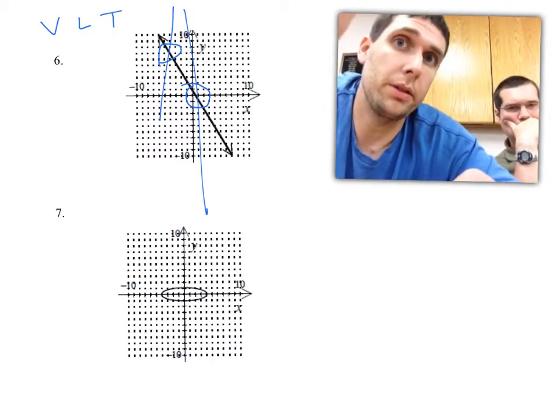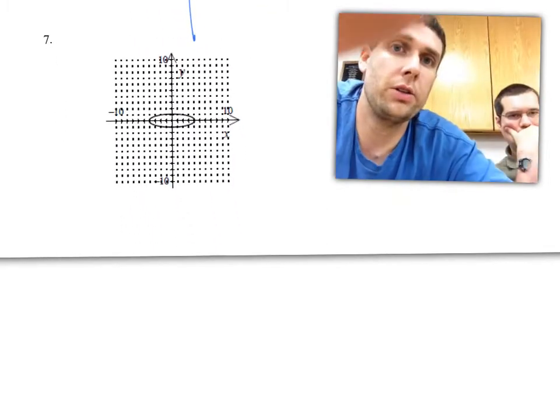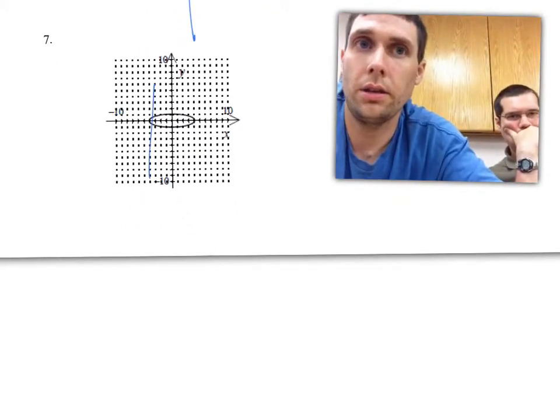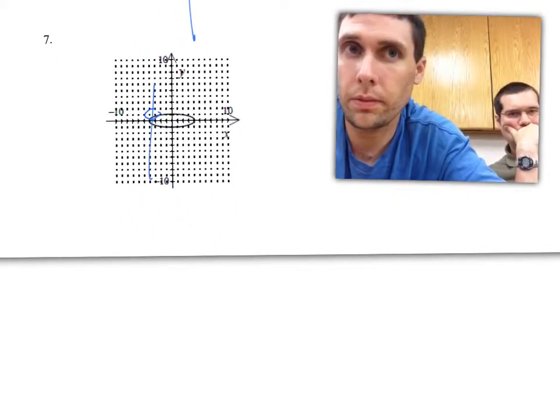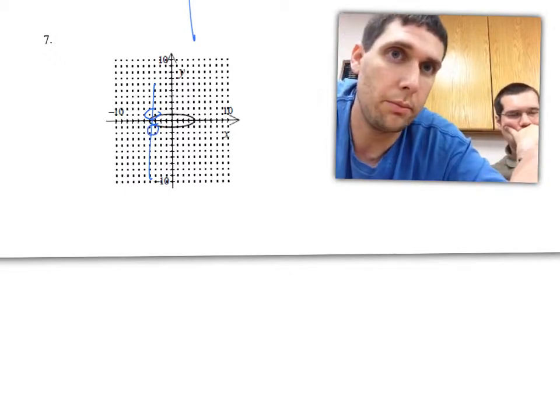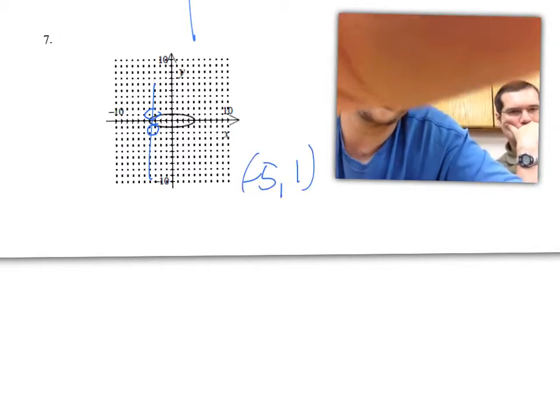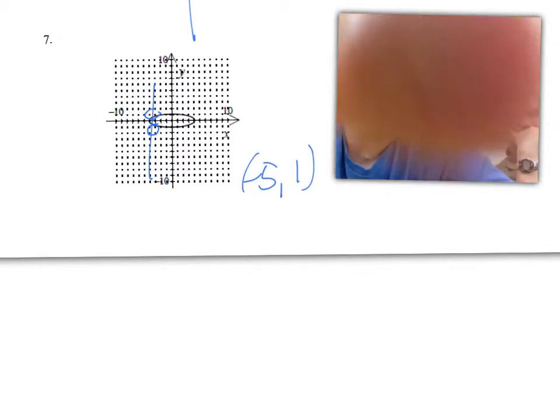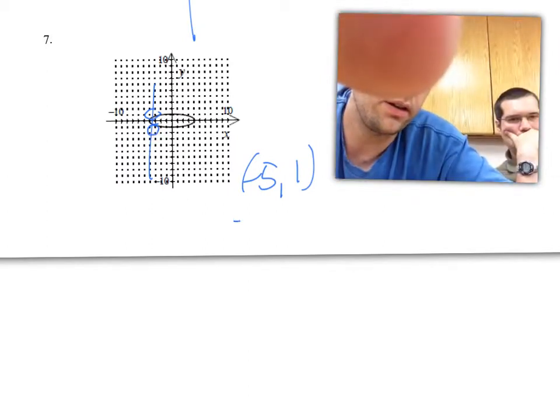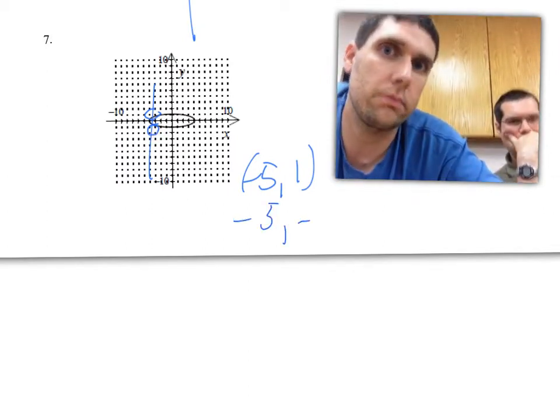But down here on number 7, if I try that vertical line test, notice I'm touching this little oval twice. Let's pretend the coordinates for that little oval are (-5, 1), the one up here, and then the one down here would be (-5, -1).